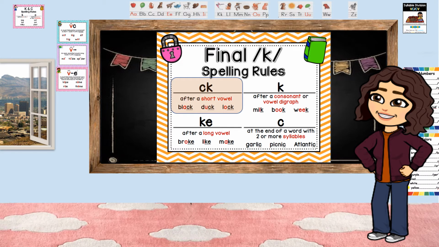We have learned a few of these already, like CK, after a short vowel, like in black, duck, or lock. We've also learned to use K at the end of words after a consonant or vowel digraph, like in milk, book, or week.